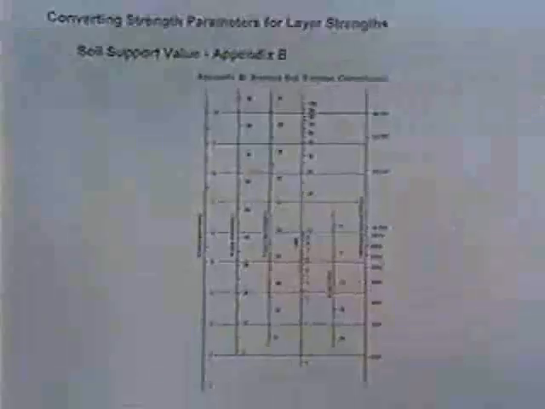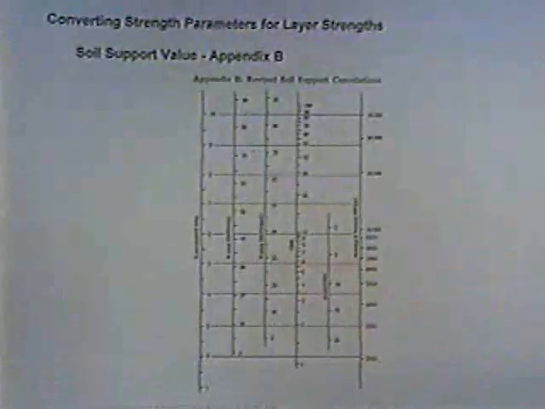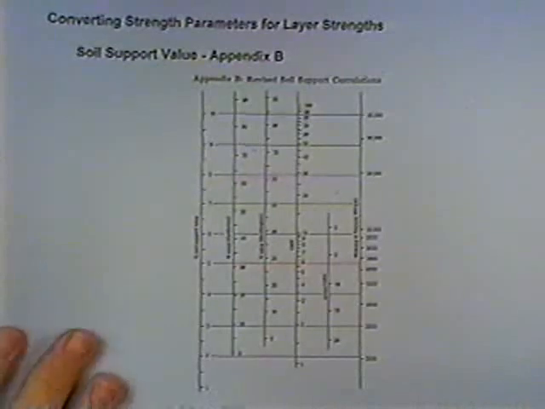Now, you also have Appendices B and C in your reference manual, with different tables. This particular one, again, knows what your California bearing ratio is and your regional factor, and if you know those two things, then you can get some idea of what your soil support value is for that particular subgrade.